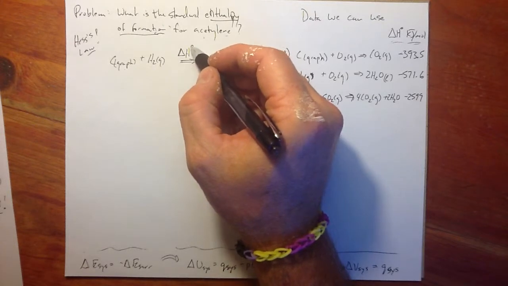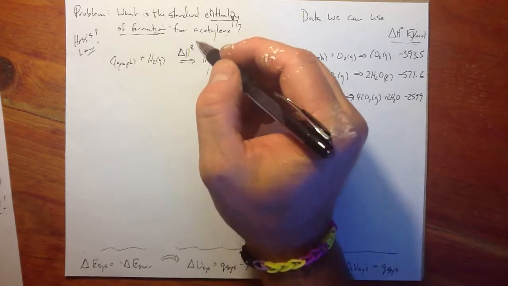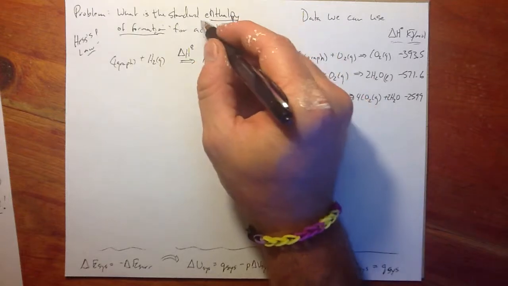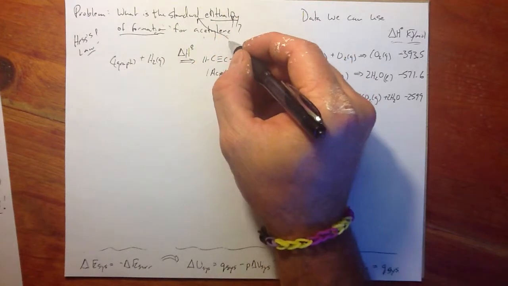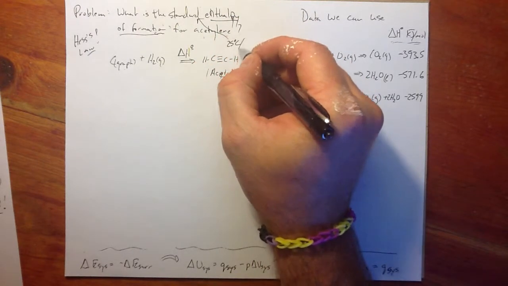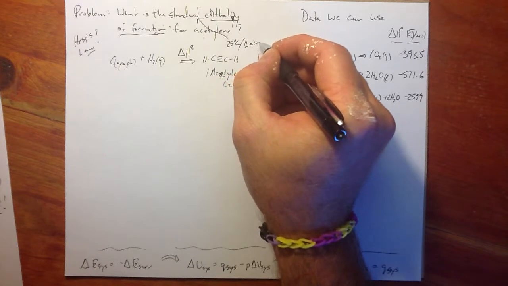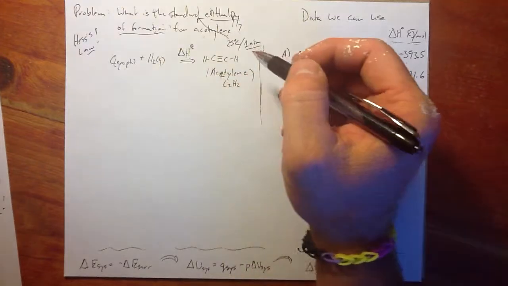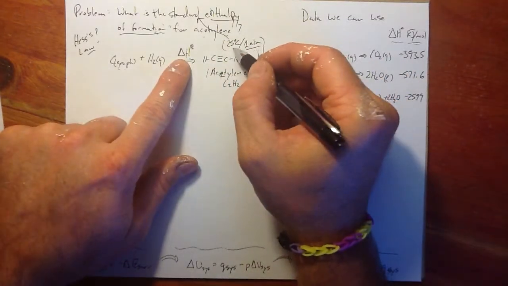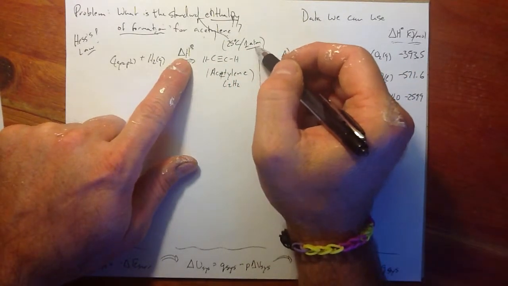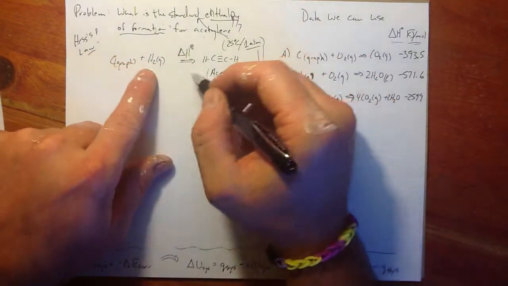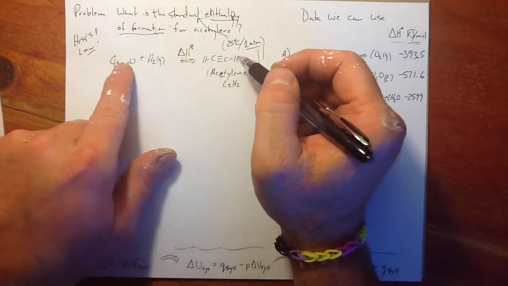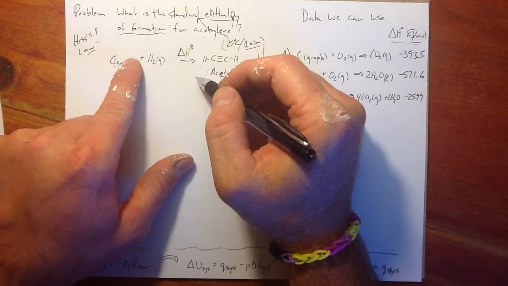This little circle in superscript means 25 degrees Celsius and 1 atmosphere. So the reaction stays at 25 degrees and we stay at 1 atmosphere.